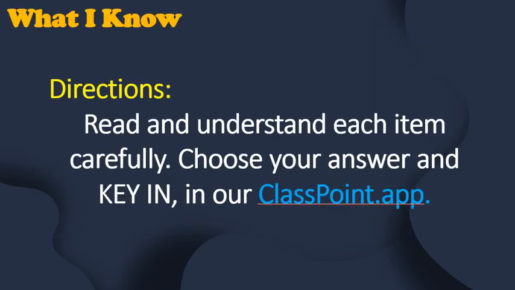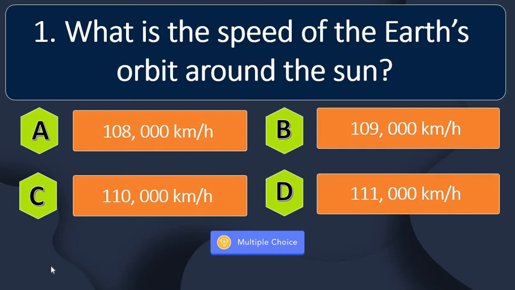Before the lesson proper, let us have this one. What I know. Directions: read and understand each item carefully. Choose your answer and key it in on your class page. Number 1. What is the speed of the Earth's orbit around the Sun? A, 100,000 km per hour?